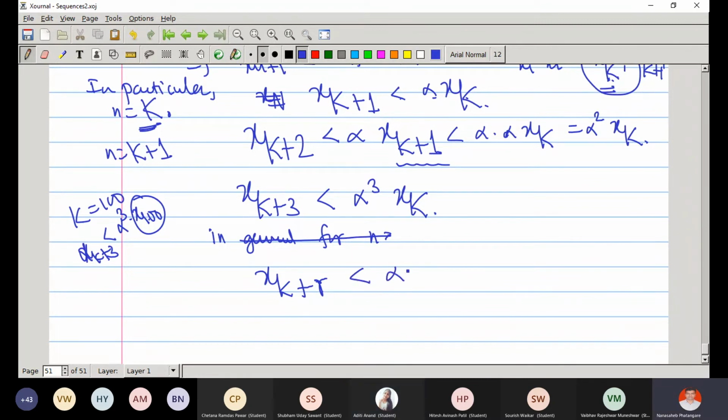Can I say that it is alpha raised to 4 into xk if r is 4? Yes, by the same logic. So in general, what is it? Alpha raised to r.